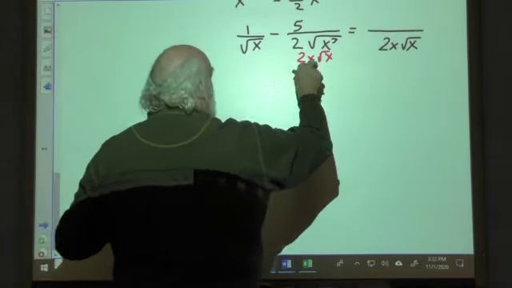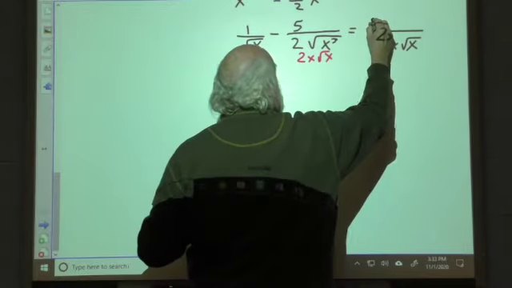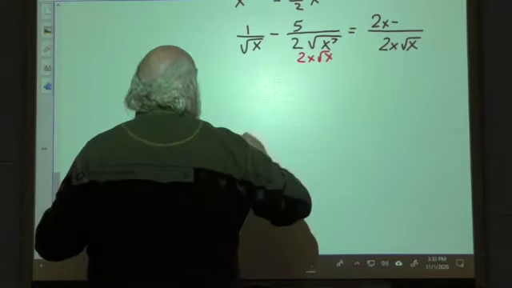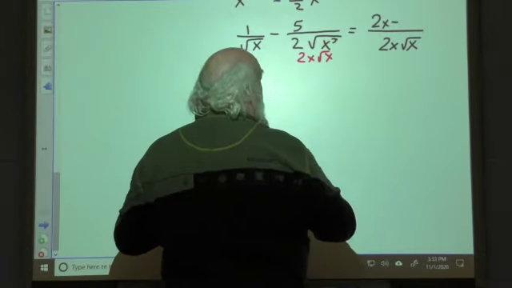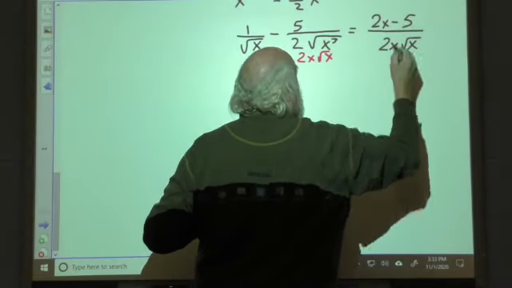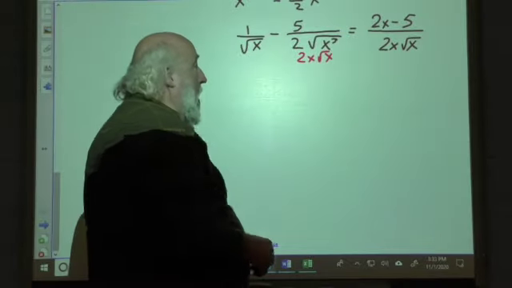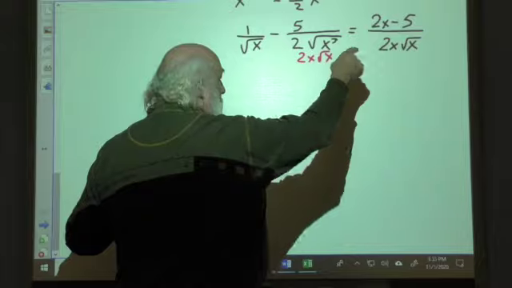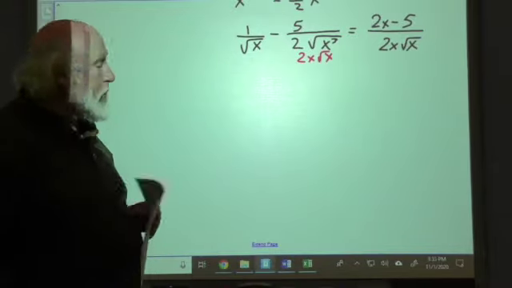So square root of x goes into this exactly 2x times, minus, and since this is already the denominator of this right here, this becomes 5. And now we've got no negative exponents and no fractions within the fraction, so there's our answer right there.